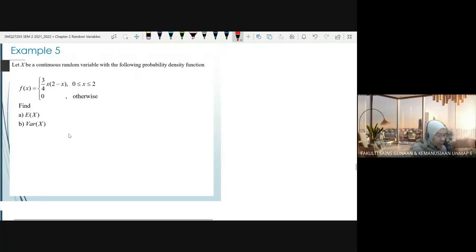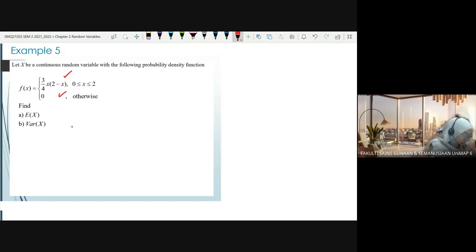Let x be a continuous random variable with the following probability density function. So you are given the density function, for x greater than or equal to 0 but less than or equal to 2, it is given by this function. Otherwise, the value will be 0. You need to find the expected value of x, or the mean of x.